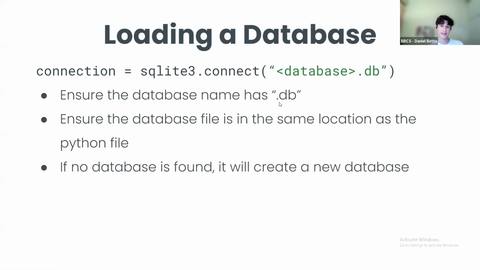This is because if Python does not find the specific database file in the same folder as the Python file, it will actually create a new database for you. But in this case, we're not trying to create a new database, we're trying to interact with an existing one. So just ensure that the Python file is created in the same location as your database.